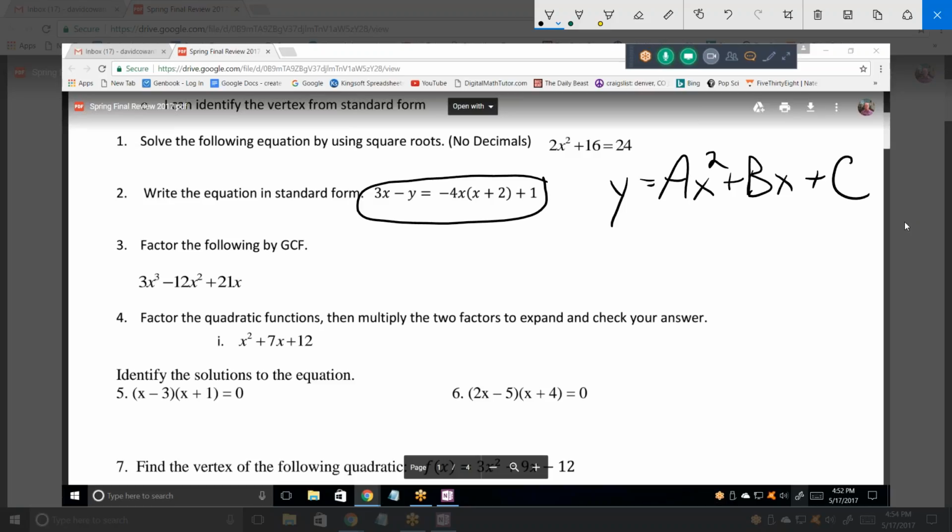Well, let's start. Where do you begin? Suppose by adding 3x both sides. So it's minus y equals... Well, hold on a second.